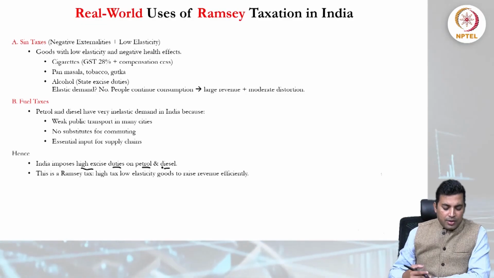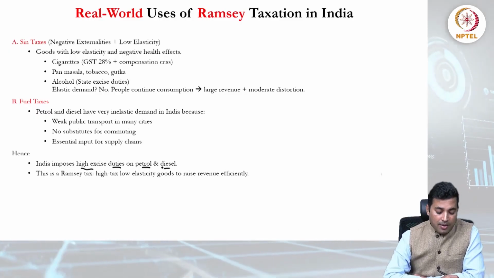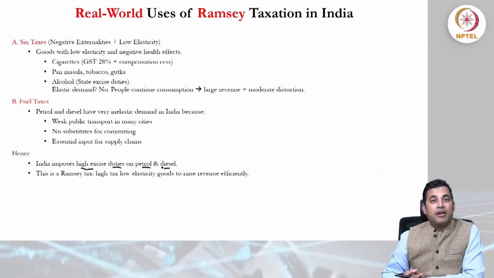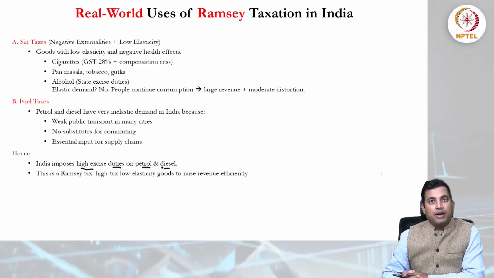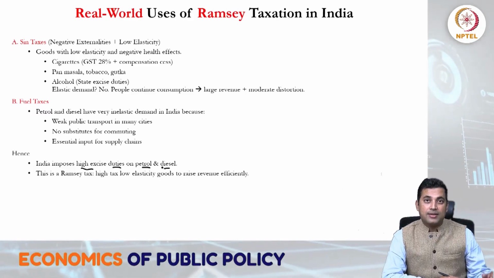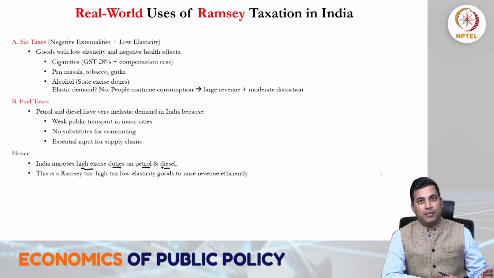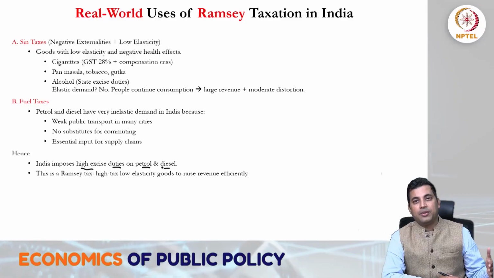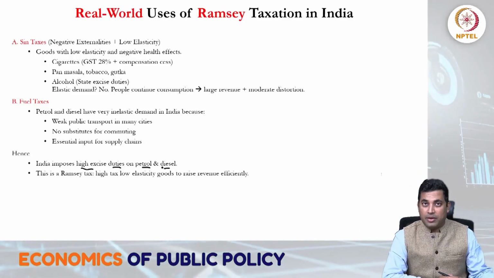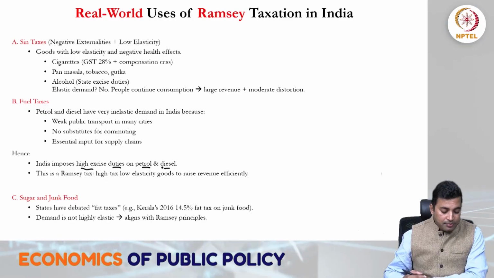This is also Ramsey's explanation: high tax on low elasticity goods to raise revenue efficiently, so that tax revenue can be utilized for government spending. How tax revenue and government expenditures are related, we already discussed in our previous lectures.